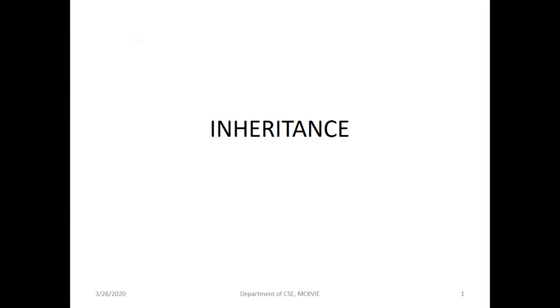Inheritance is a feature which is used for the purpose of reusability of code. Today, we are going to learn how we can reuse the code through this feature, inheritance, in Java.